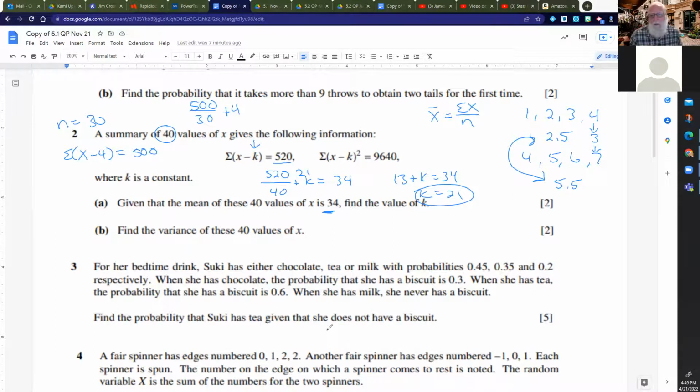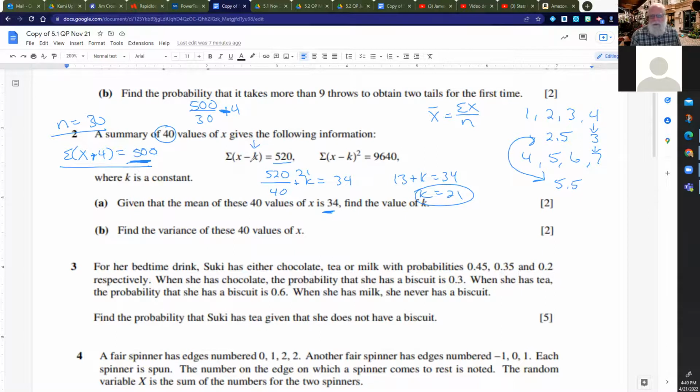But what I'm saying is that a lot of times they'll show you something like this and ask you to find the mean. What you do is take this number, divide it by the number of numbers, but then add back whatever they took away. If this had been a plus, then I would have subtracted it. Does that make sense? Yeah.